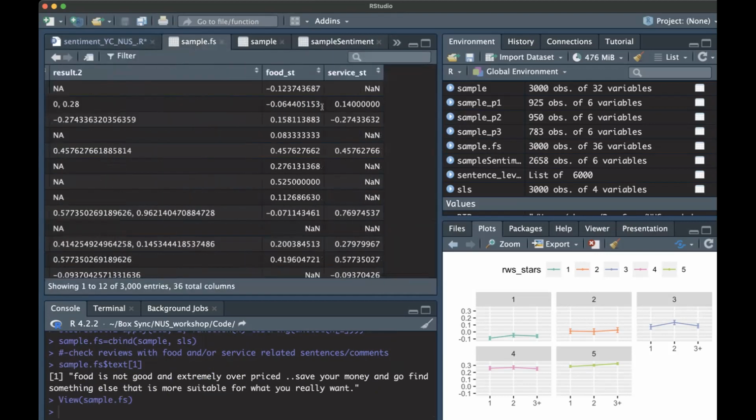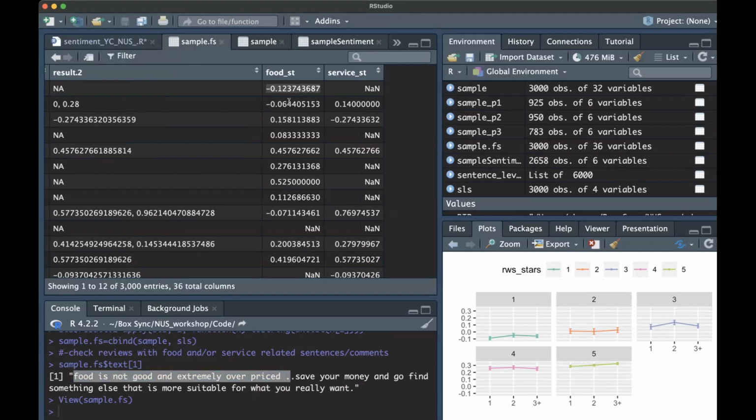So here it looks like this review has sentiment toward food-related sentences, but none for service-related sentences. Here's the actual text. It's about the food is not good and extremely overpriced. Save your money and go find something else that is more suitable for what you really want. So there's no comment on service, but mostly on food, and for food it's a negative sentiment.